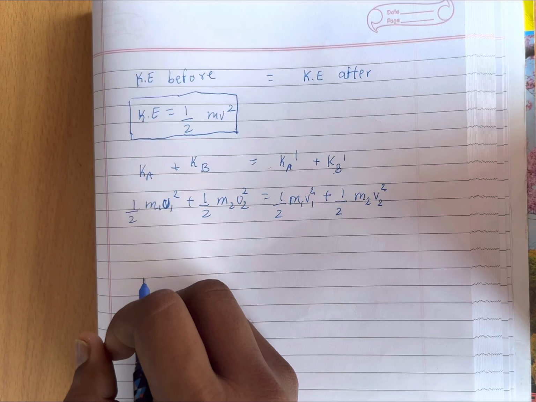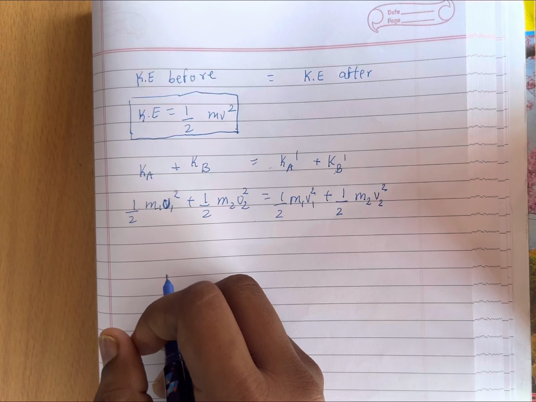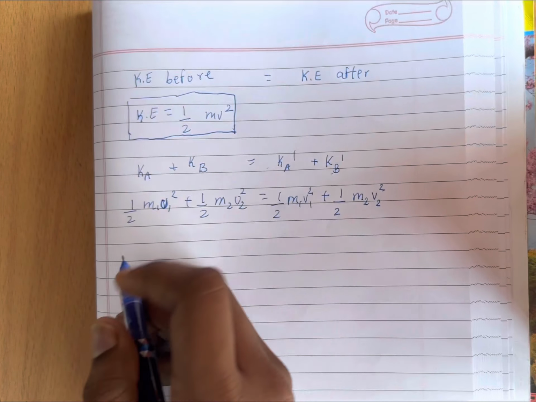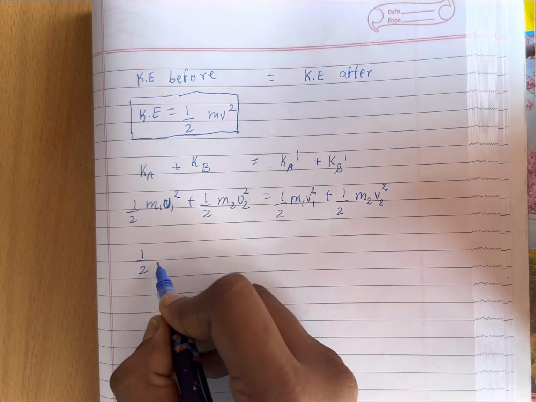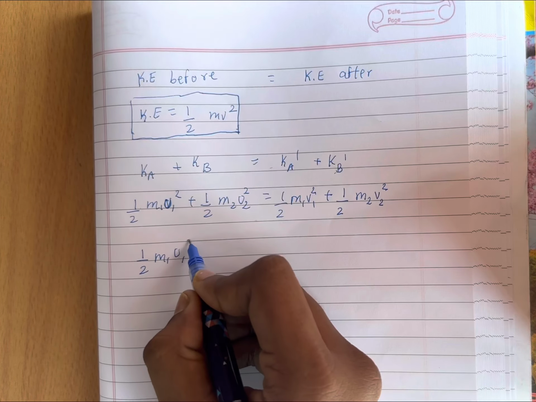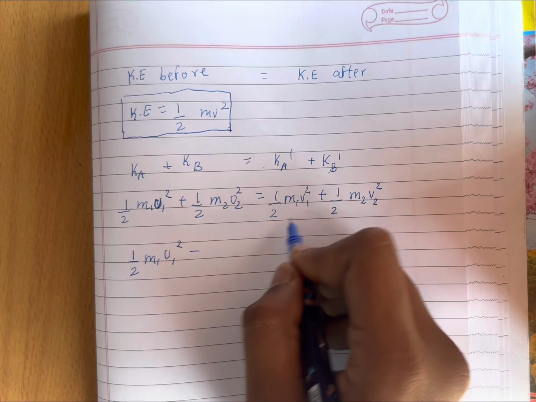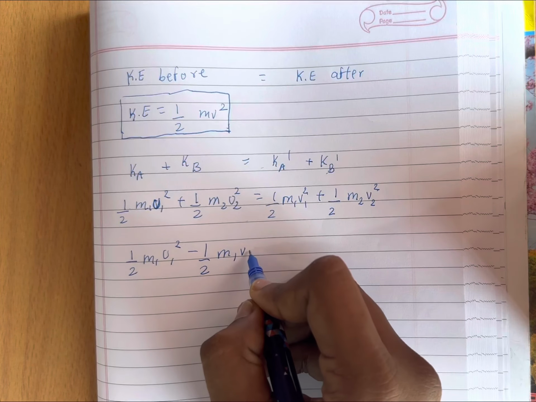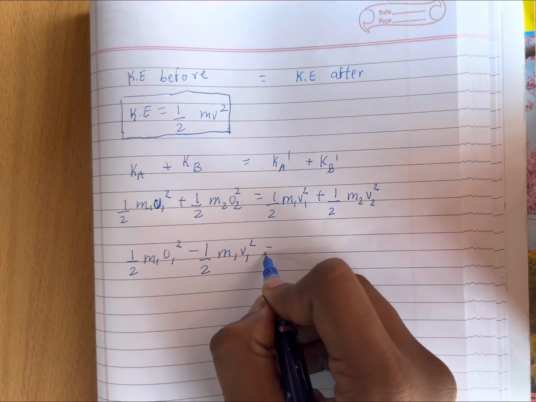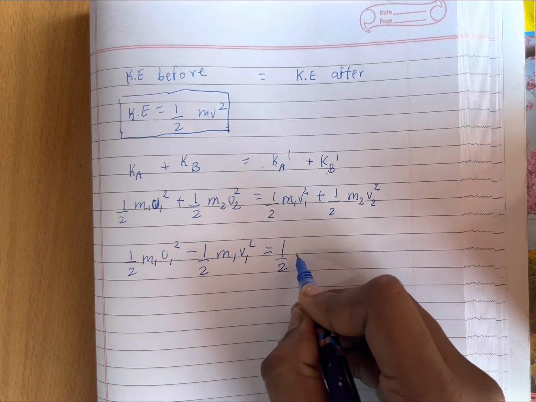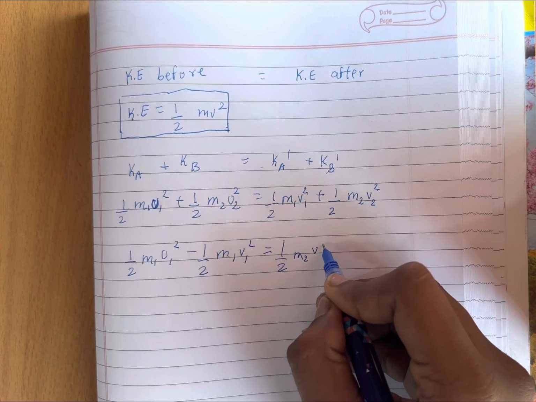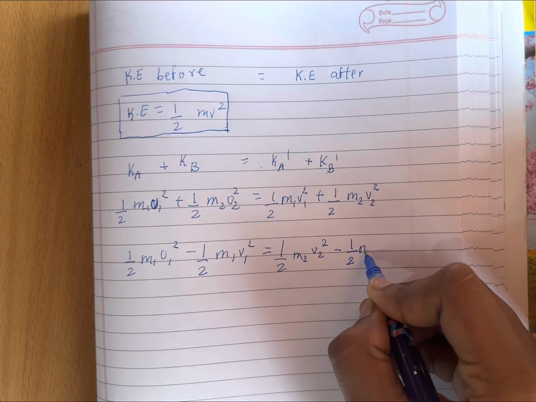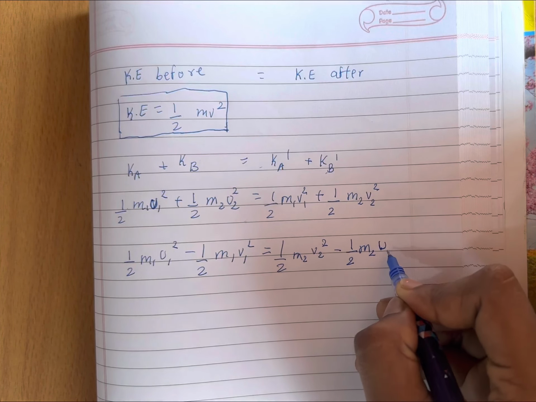So now we have to bring the values of m1 on one side and m2 on another side. So we have half m1 u1 square minus, we have to bring this on that side, half m1 v1 square equal to half m2 v2 square minus half m2 u2 square.